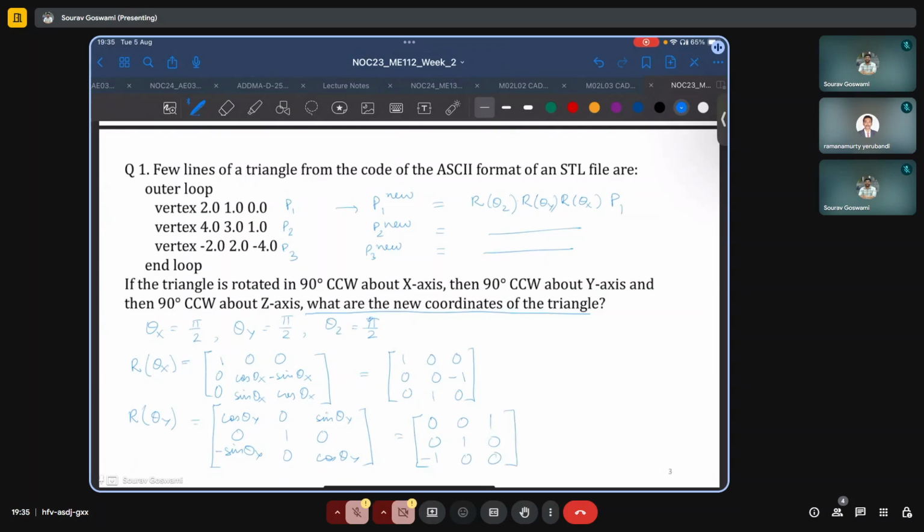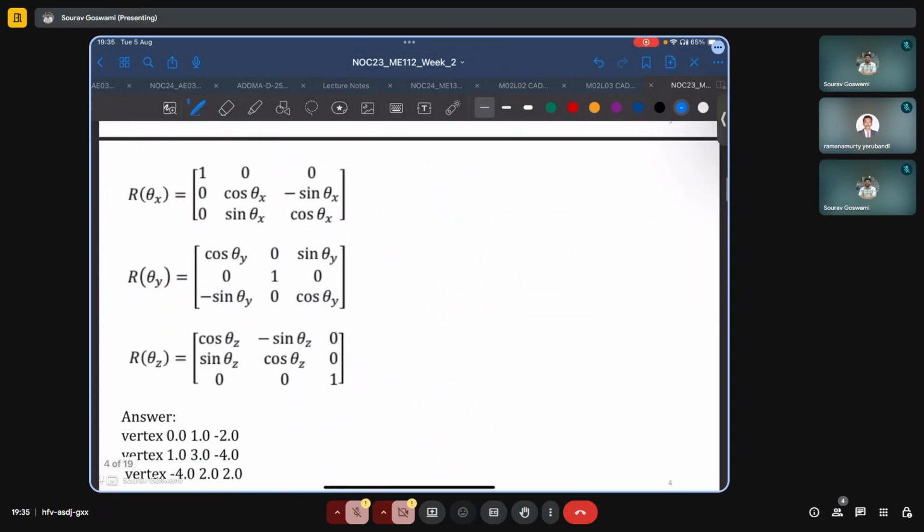And similar will be the case for R theta z. I've also written the formulas here. R theta z will come out to be 0 minus 1 0, 1 0 0, 0 0 1.